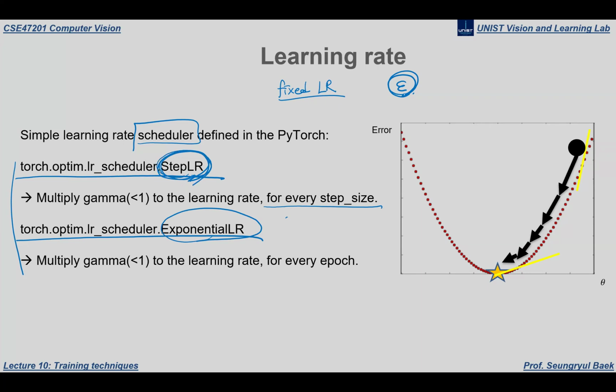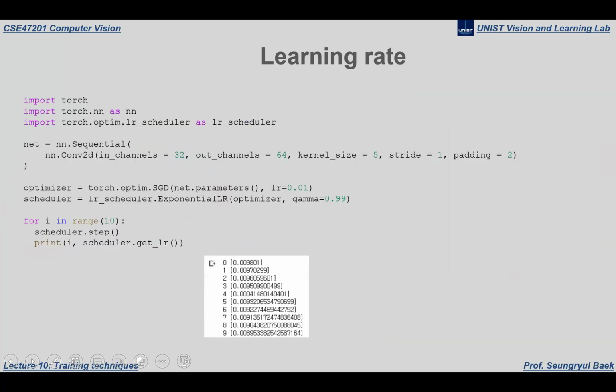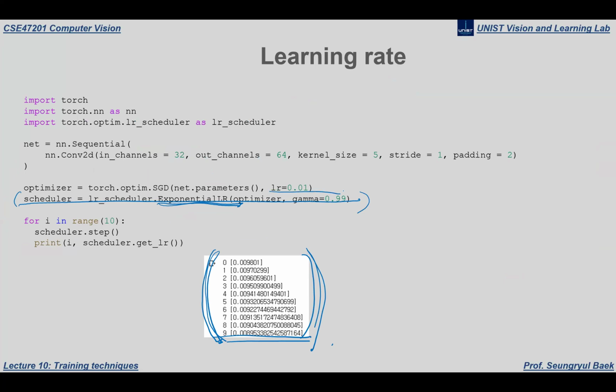This is the step learning scheduler. And the exponential learning scheduler reduces the learning rate with an exponential formula. You can search for this, and this is the code for that. If you use this exponential learning rate scheduler, the epsilon values become gradually smaller after some epochs, and you can also set those epochs. So you can use this scheduler for scheduling the learning rate values.